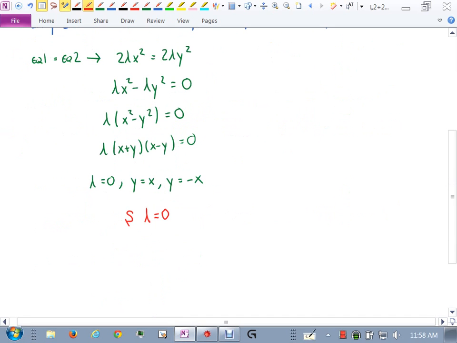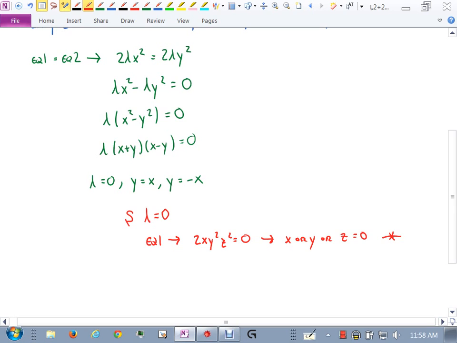So I'm going to say, suppose lambda is 0. Equation 1 would imply that 2xy squared z squared must equal 0, which implies that x or y or z equals 0, which is a contradiction of what we assumed to get here.